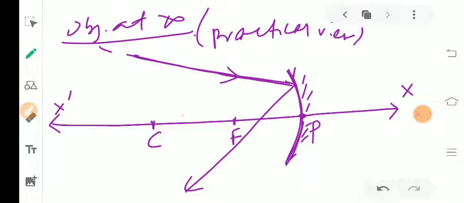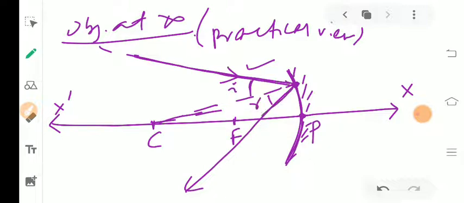Let me tell quickly. To know the reflected ray, what we do? We draw the normal at the point of incidence. This is the point of incidence for this incident ray. So, where will be the normal? For the normal, you have to join the center of curvature. Then this will be your angle of incidence. Then the reflected ray has to move in such a way that the angle of incidence will be equal to the angle of reflection.